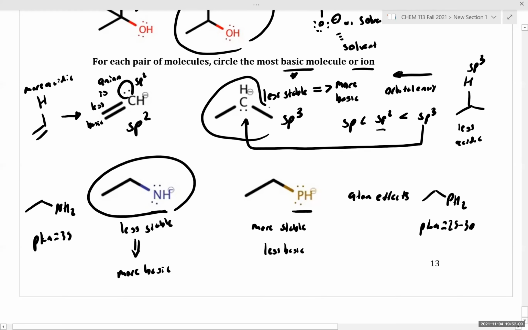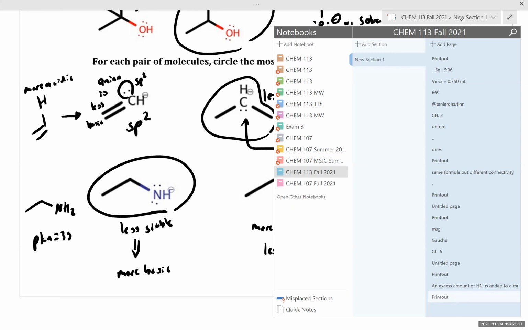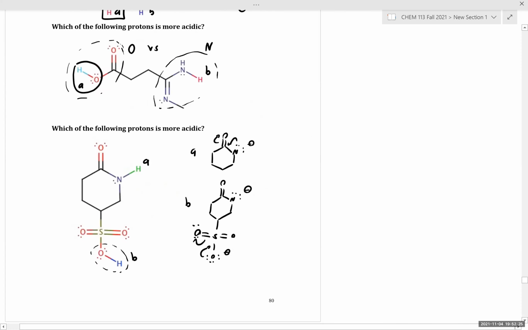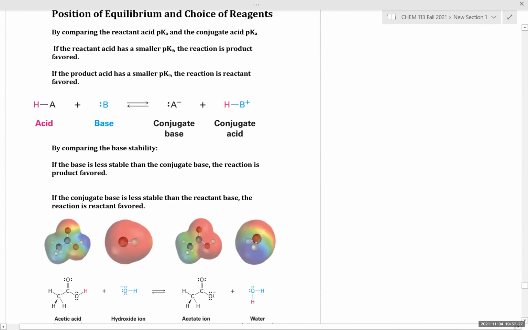Does that make sense? Yes. And we did a few examples of this in the chapter 2 notes. Yeah, I'm writing it down right now because I struggle with this one. Perfect. And I can actually show you where that is in the chapter 2 notes, just to provide clarity.